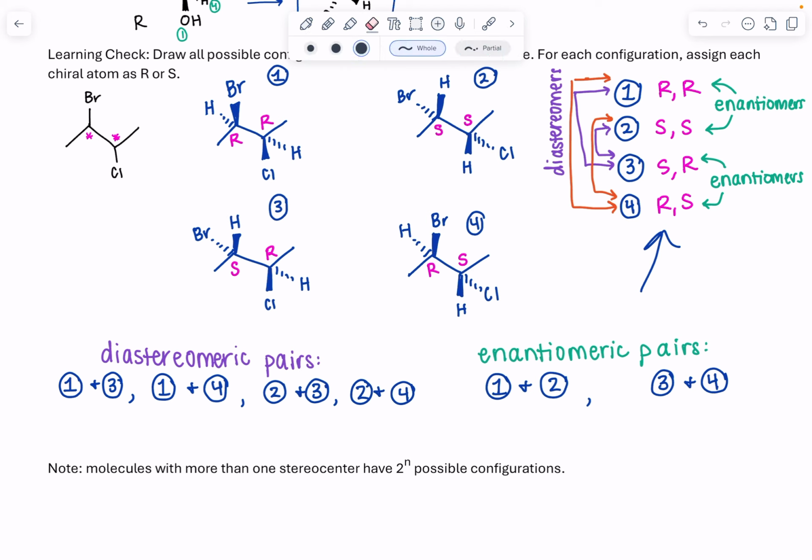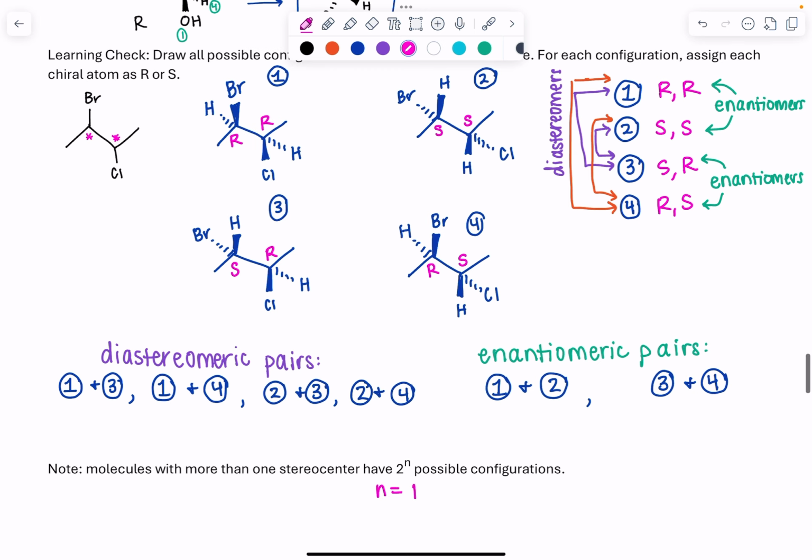Okay, so any molecule that has a chiral center, more than one chiral center, even if it is just one, has 2 to the power of n possible configurations, where n is the number of stereocenters, or number of chiral atoms.